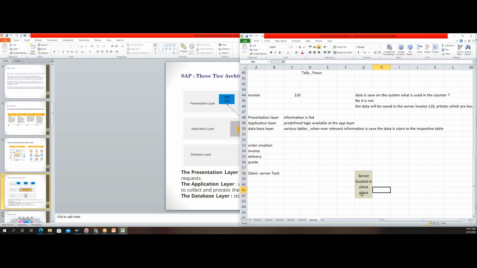Now, let's take, for example, a supermarket or Big Bazaar. Let's take Big Bazaar as an example. So, Big Bazaar server may be located in Panjagutta.